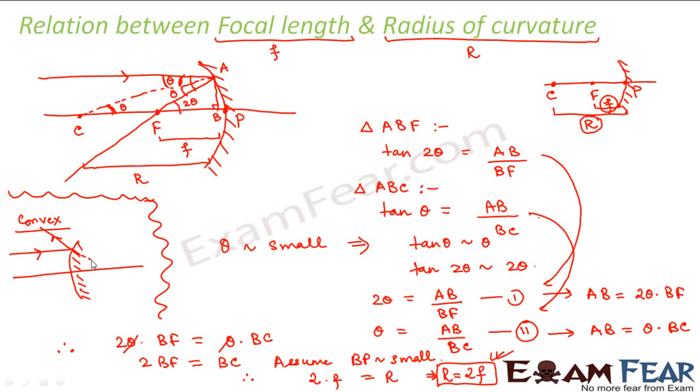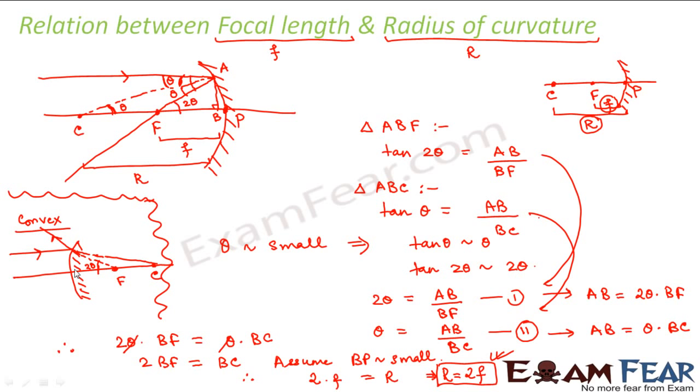But if you extrapolate it, then it will pass through the principal focus. So here we assumed that it makes an angle 2 theta, and here also we will assume that it makes an angle 2 theta. So here also we'll do the same thing. We'll consider this triangle, and then again there will be a center of curvature, so we will join it with the center of curvature also.